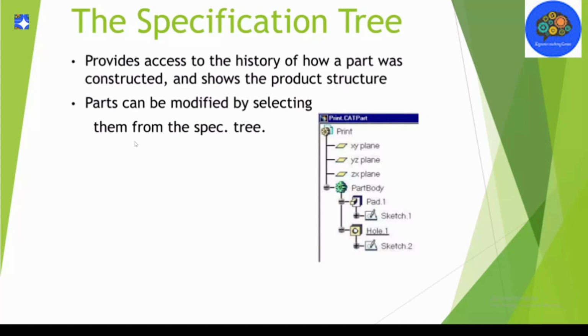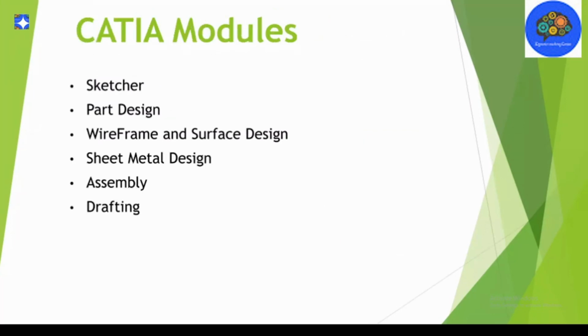Parts can be modified by selecting them from the specification tree. If you want to modify the hole, or the sketches which control the hole, you just have to double click the sketch or the hole, and we can modify it easily.